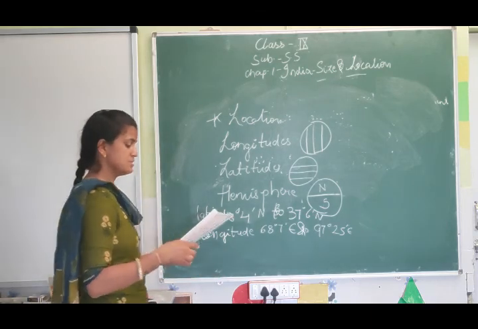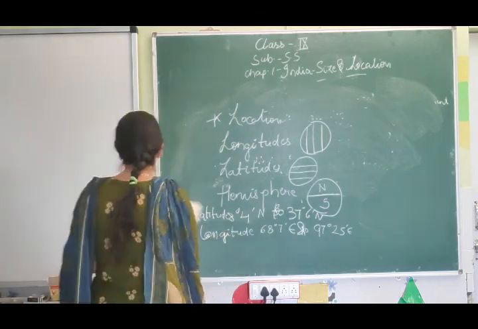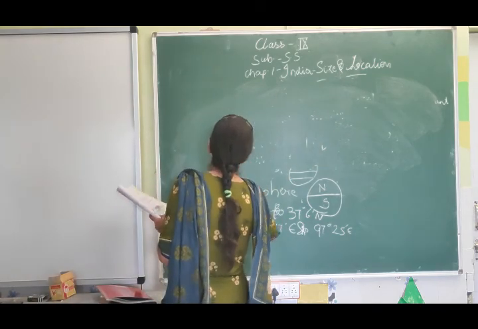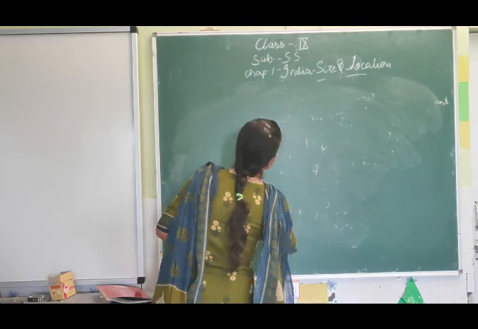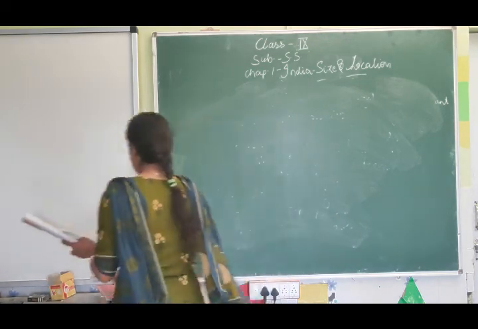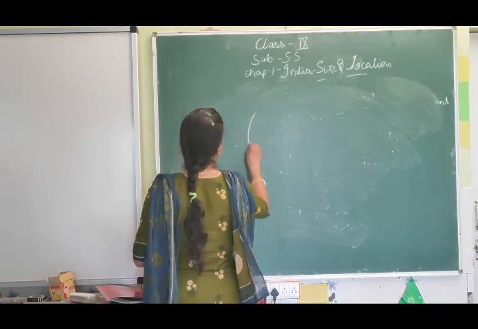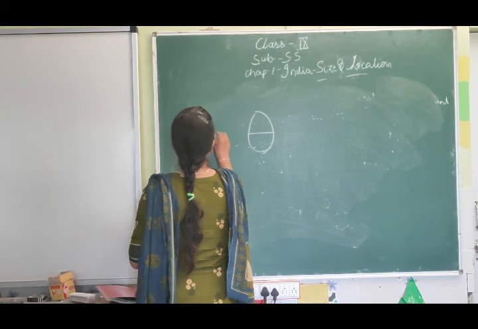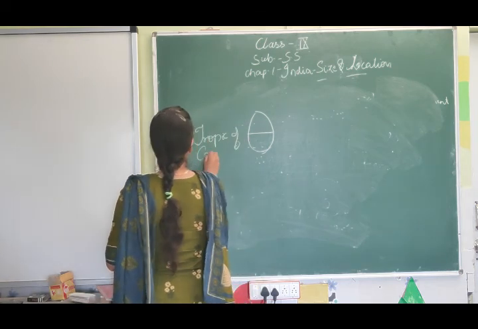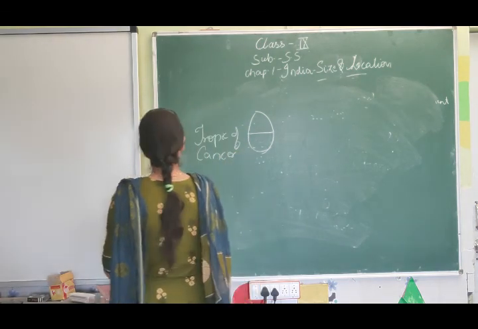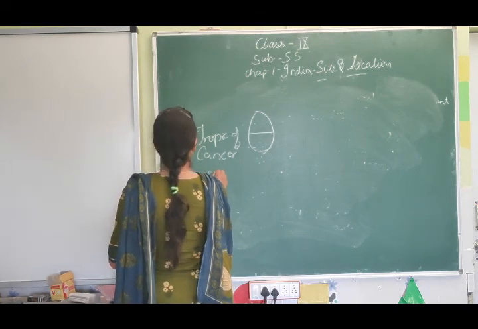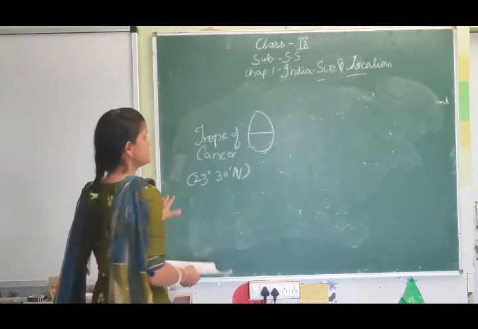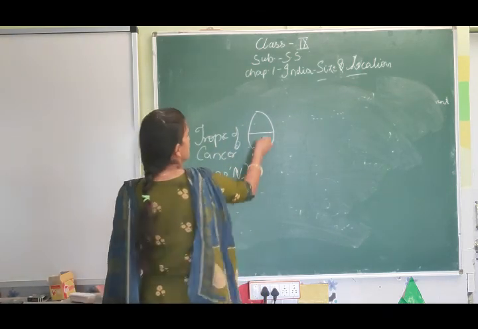But here the Tropic of Cancer, which is 23 and a half degrees North, divides the country into 2 equal halves.